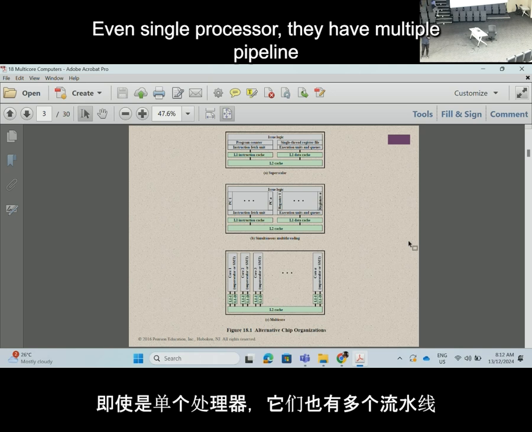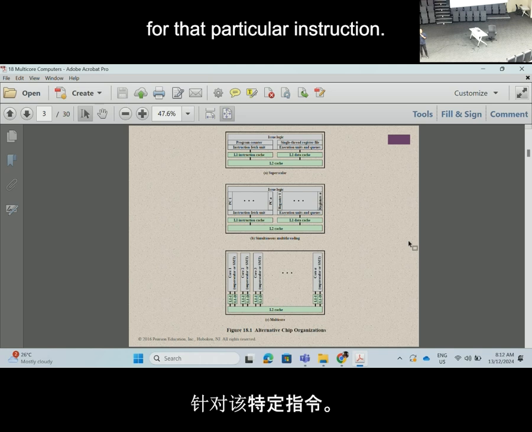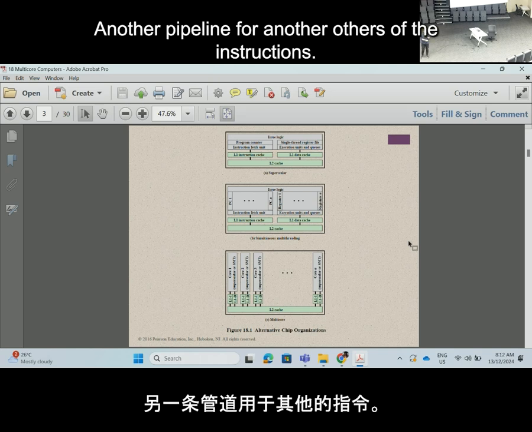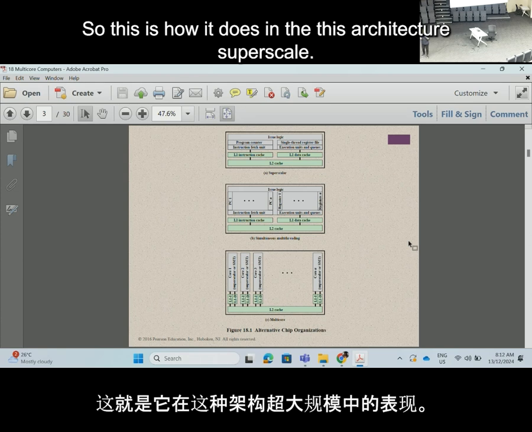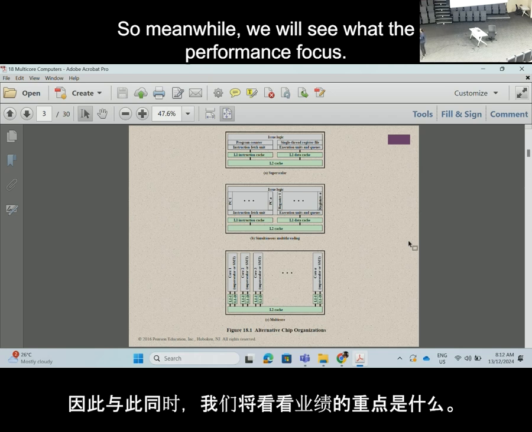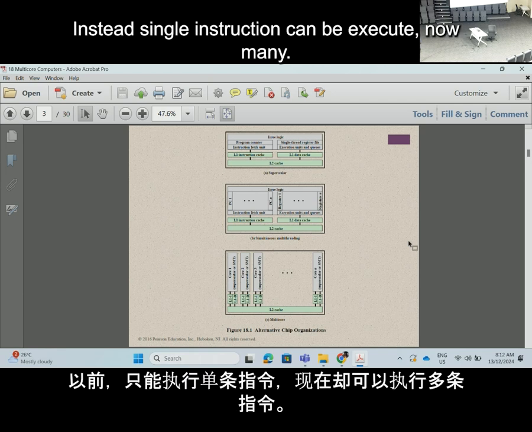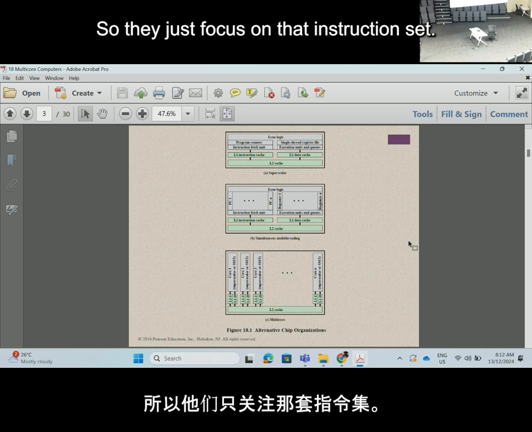Even with a single processor, they have multiple pipelines for that particular instruction, then another pipeline for the next instruction, and another for the others. This is how it works in the superscalar architecture. The performance focus is only on the instructions: instead of a single instruction, now many can be executed.